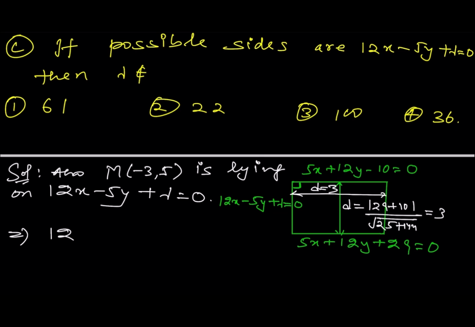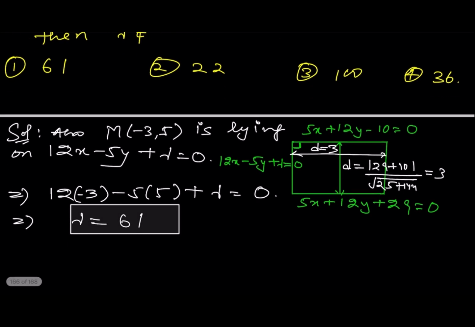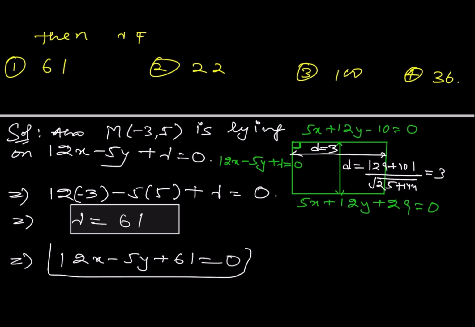So 12 into minus 3 minus 5 into 5 plus lambda is equal to 0. So lambda is equal to 61. So one of the lines is 12x minus 5y plus 61 is equal to 0. So one line is this.